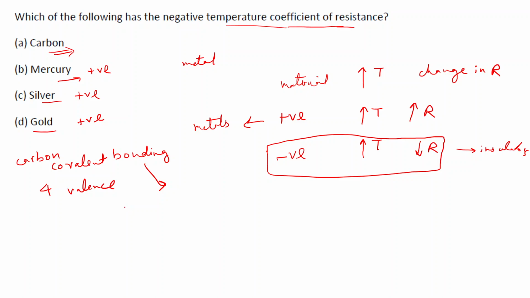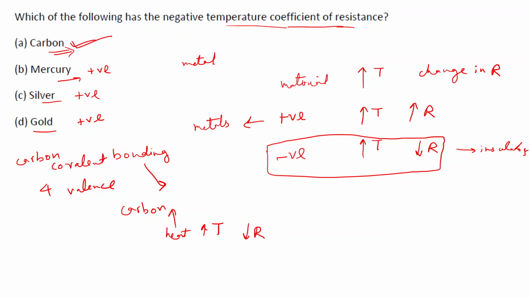Thus, if we have a carbon sample in any kind of shape and size, and we supply heat to it, increasing its temperature, then these covalent bonds will break, and thus we will have more electrons for conduction. That means when we apply heat and increase its temperature, the resistance will decrease. So out of these four, carbon will have negative temperature coefficient of resistance. So this is the correct answer here.